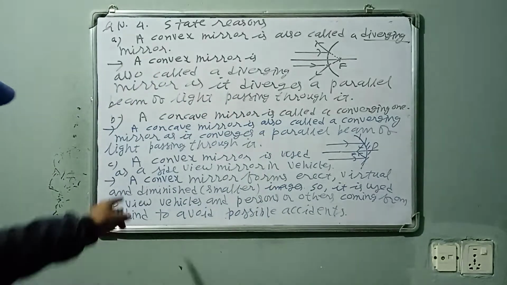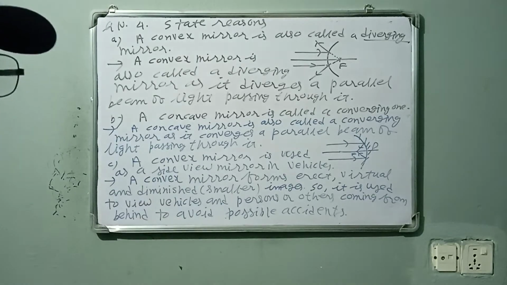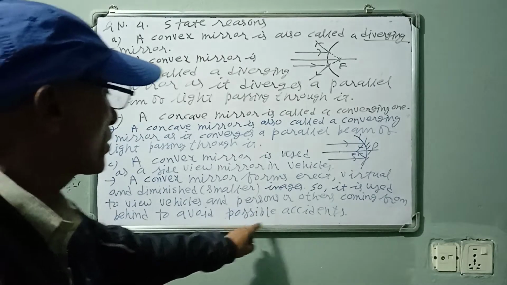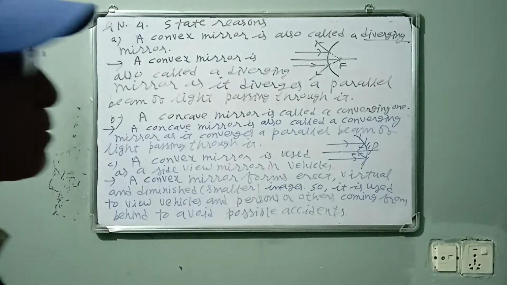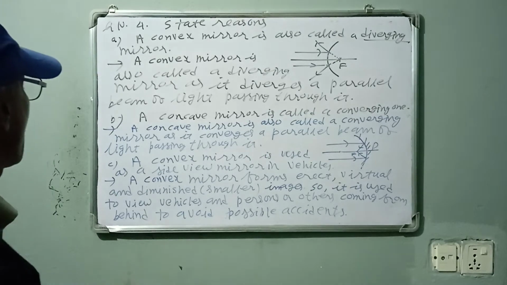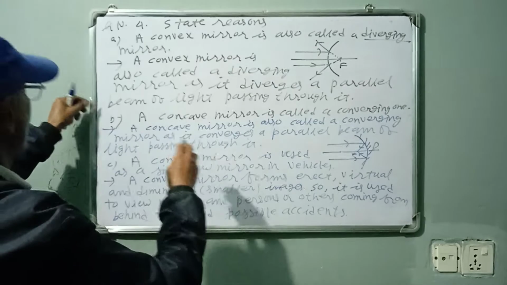If there are no convex mirrors, there may be more and more accidents. So to avoid such possible accidents, convex mirrors are very helpful. It shows small images, many at once. That is why a convex mirror is very useful.